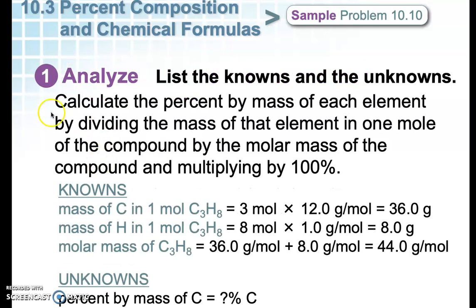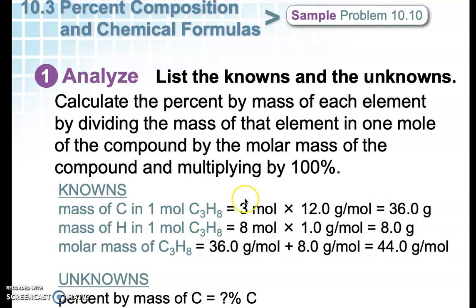Okay, so what we have here is the mass of carbon and the mass of hydrogen in 1 mole of propane. From the formula, we know there's 3 carbons, or 3 moles, and 8 moles of hydrogen.